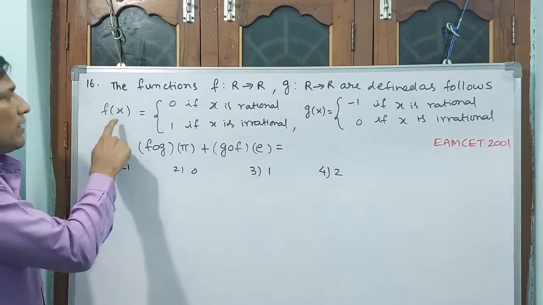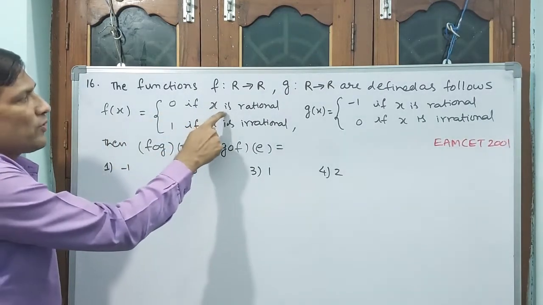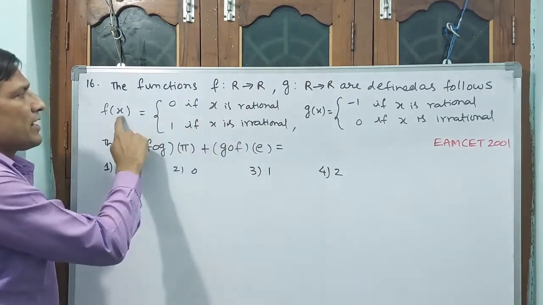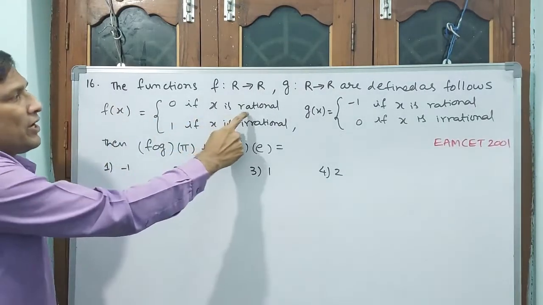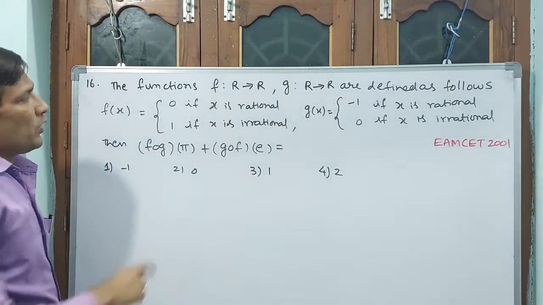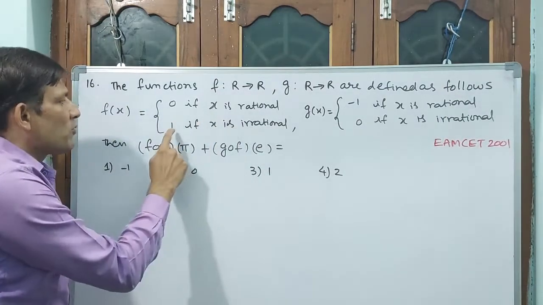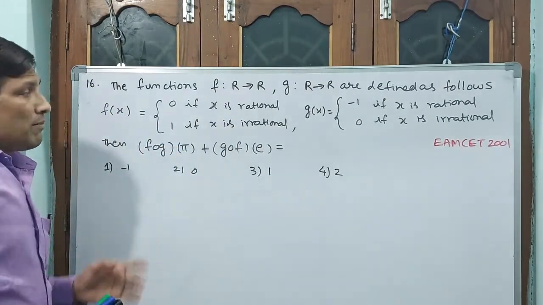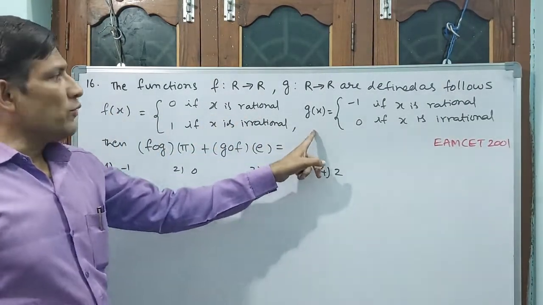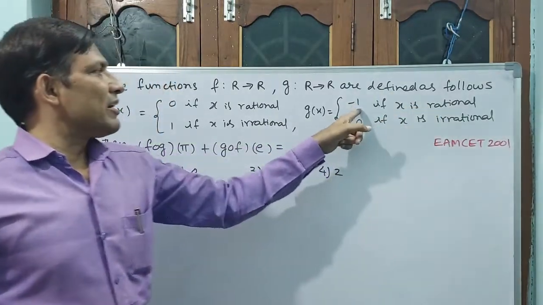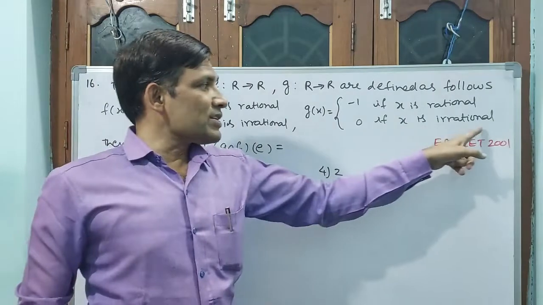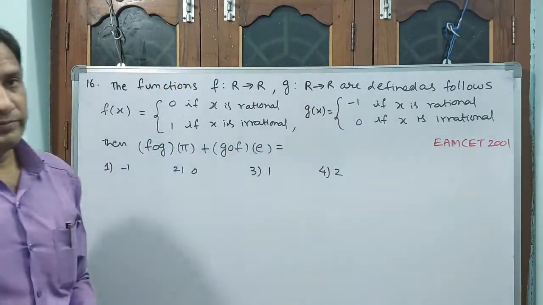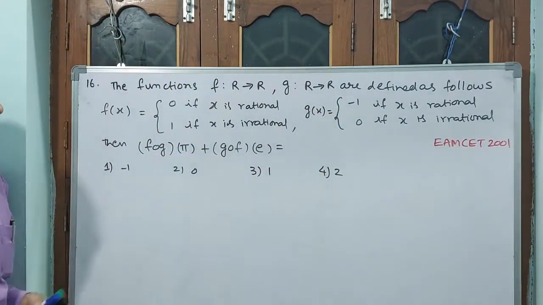For f of x, if you give a rational number as input, the output will be 0. If you give an irrational number, the output will be 1. But for g of x, if you give a rational number, minus 1 will come. If you give an irrational number, 0 is coming.